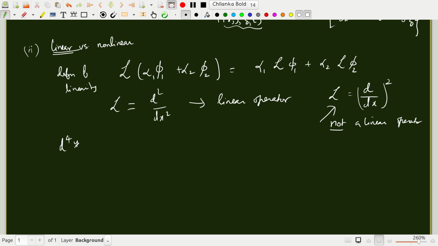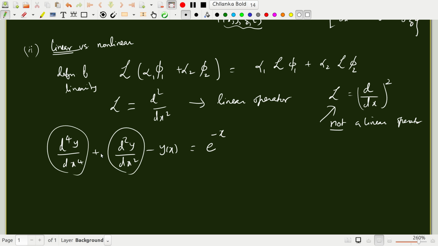Suppose I have d to the 4 y by dx to the 4 plus d squared y by dx squared minus y of x is equal to exponential of minus x. Okay, now here each operator is linear because the unknown or its derivative appears only once. So this is a linear operator.